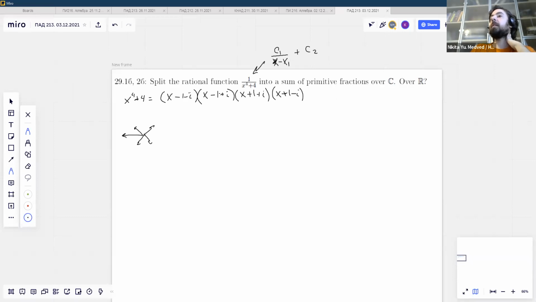Some constant divided by x minus some constant, plus another one, etc. Such fractions are called primitive fractions. They are much more simple because their power is not the fourth power in the denominator, but linear. Okay. That's my goal, to split this into a sum of the following type summands.